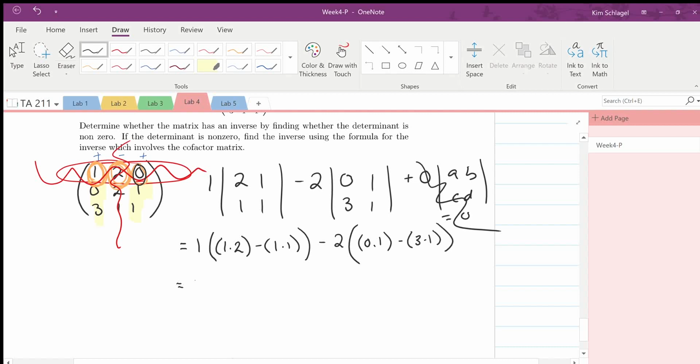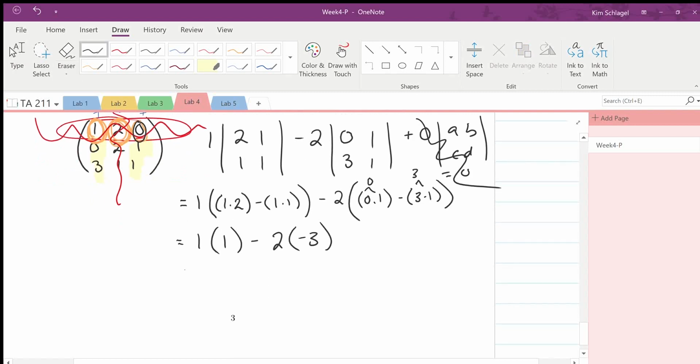Okay, so we end up with 1 times 2 minus 1, which is just 1, minus 2 times, and this guy here is a 0, this guy here is a 3, so 2 times -3. So we have 1, and minus 2 times -3 is just +6, so our determinant is equal to 7 here in this case.